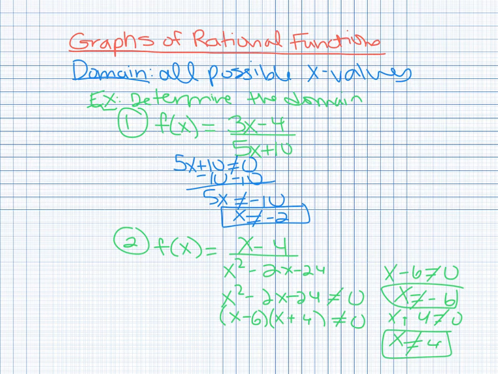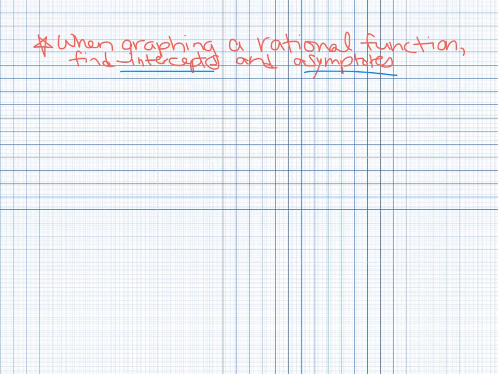So that's my domain. That's actually going to transition us into an important idea that's called asymptotes. You may have heard this before, and we'll talk about that in just a sec. So our biggest rule of thumb is when we're graphing rational functions, we need to find our intercepts and asymptotes.